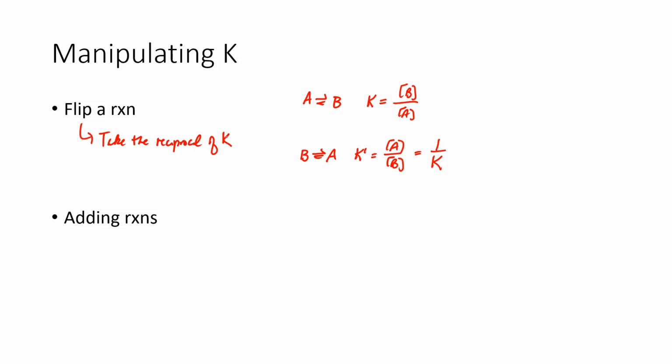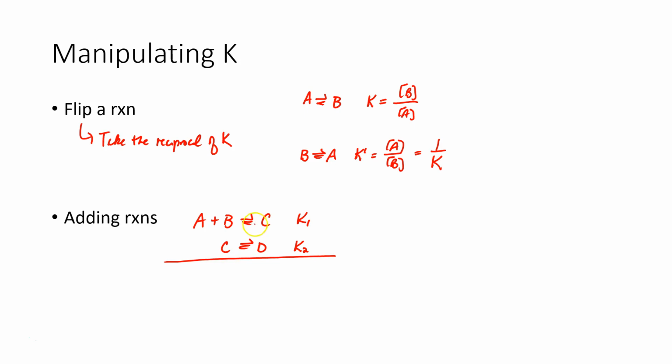And what about when we're adding reactions? And let me show you what I mean here. Let's say we have the reaction A plus B is in equilibrium with C, and then C is in equilibrium with D, and let's say this first reaction has an equilibrium constant K1, the second K2.